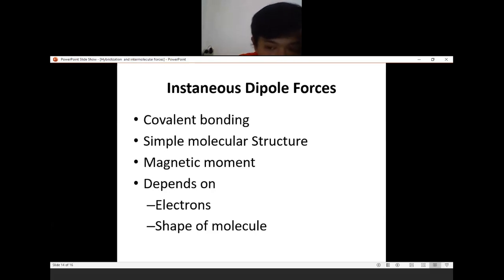And then for chlorine also the same. It does not have any electronegativity difference because one Cl has negative and the other Cl has also negative, so they have the same electronegativity. And then the shape of the molecule is related to the area of close contact of the molecules. You have to read in the textbook.